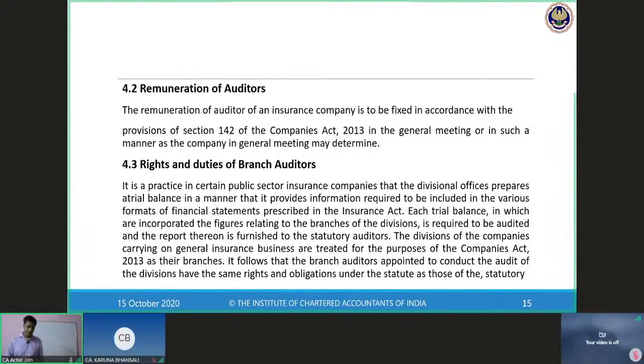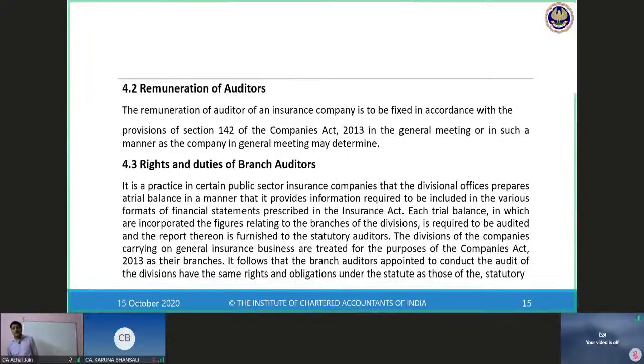Now in respect of insurance companies, there are certain specific points that we need to understand as regards the audit of the branches, which are audited by the branch auditors. So what are the rights and duties of the branch auditors?